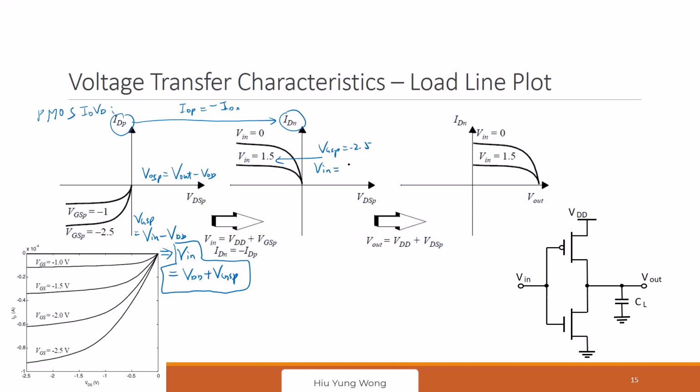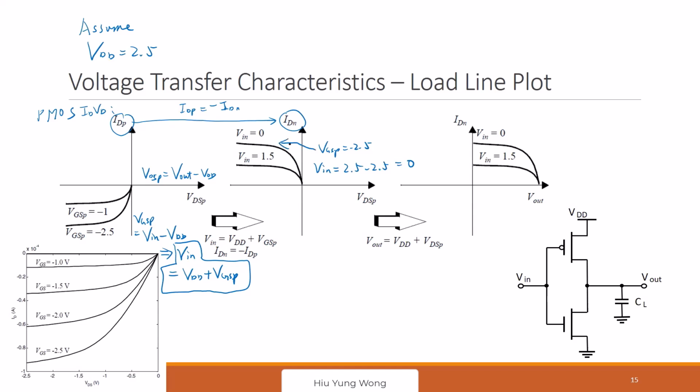I forgot to tell you, I set VDD equal to 2.5, assume. So Vin equals 2.5 plus VGSP, which is minus 2.5, equals 0. And I pointed to the wrong one because this is the bottom figure.